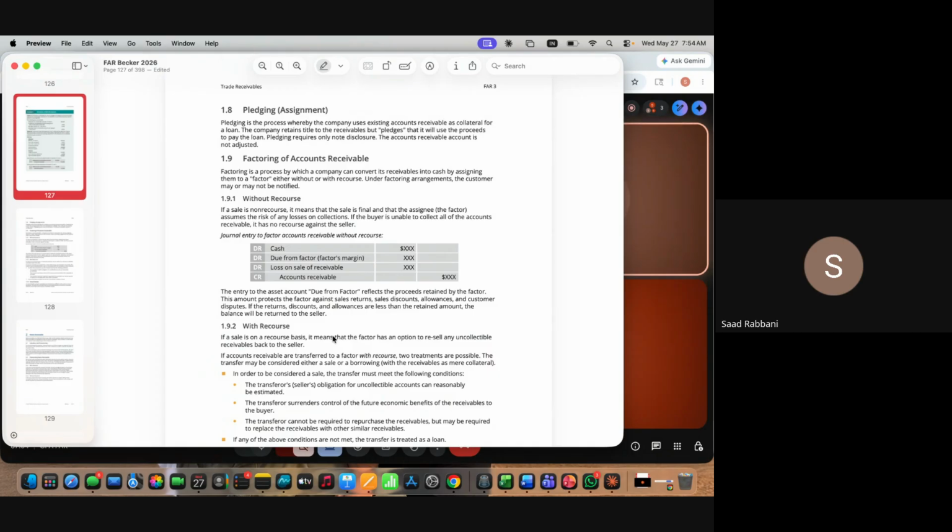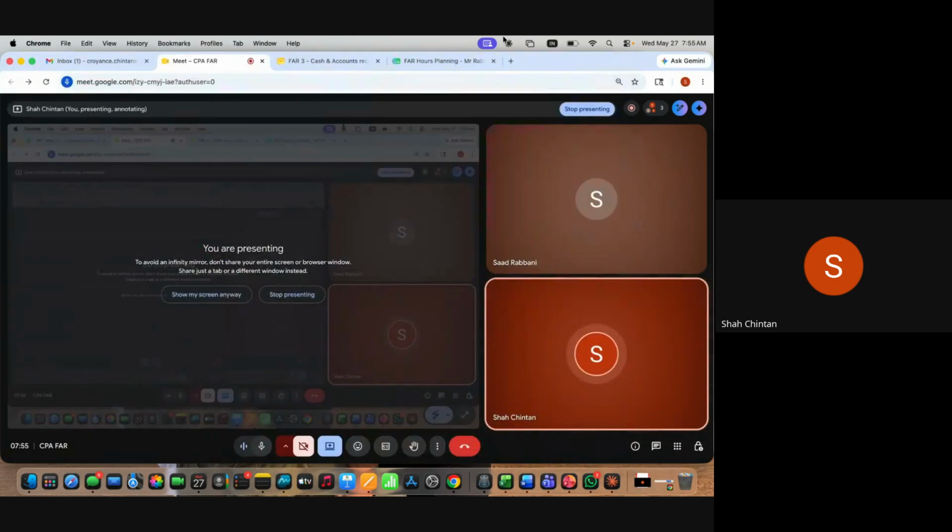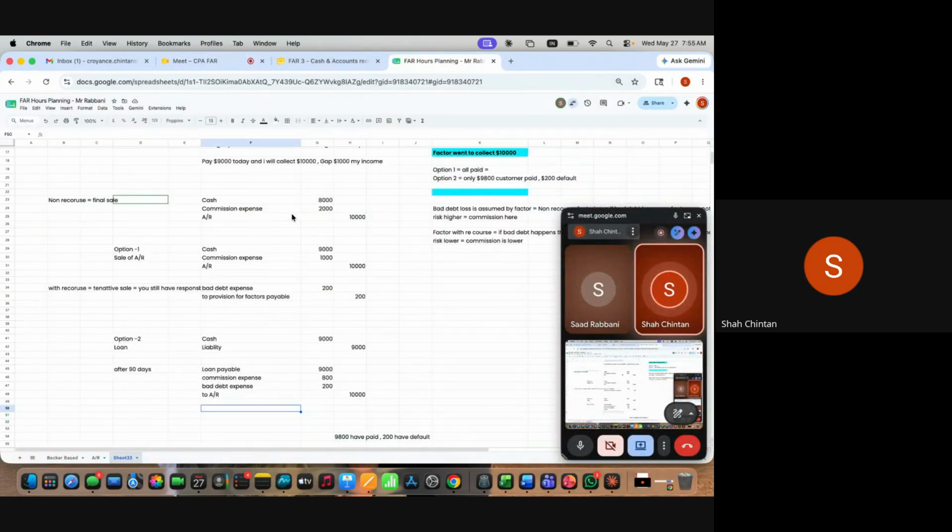The due from factors. So that is what happens when factor is not paying you 100% cash upfront. So let's build our example. So when, let's say, a non-recourse, when you went to a factor, factor says I will give you $8,000 out of 10,000, 2,000 are my fees. But today I'm giving you a down payment of only $1,000.